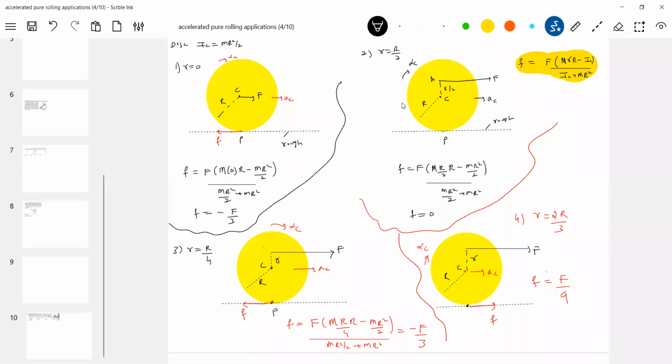F by 3. Now what is the threshold point? The threshold point is where, if you apply force, the rolling friction will be 0. Above the threshold point, friction will act in the direction of applied force. Below the threshold point, friction will act opposite to applied force.